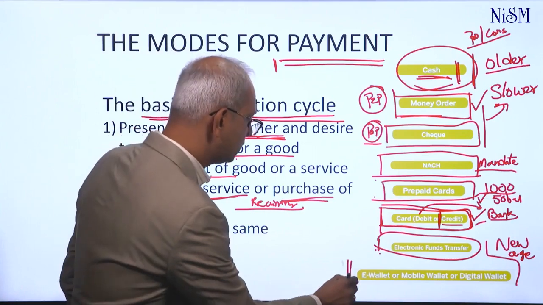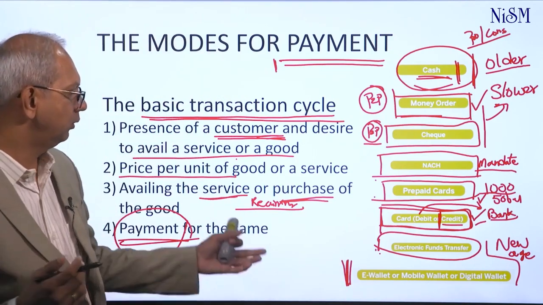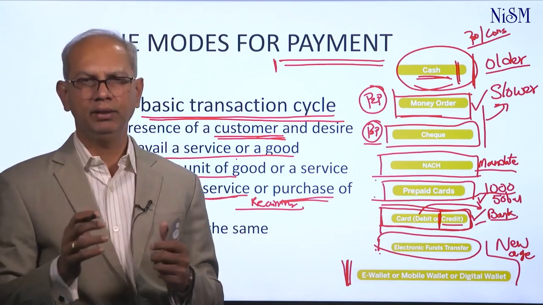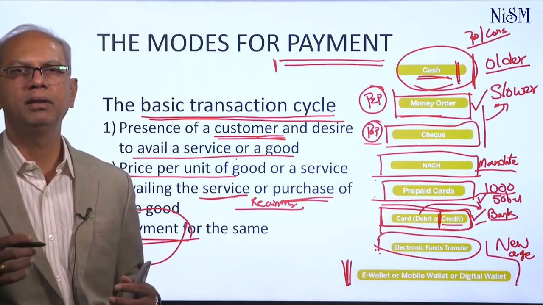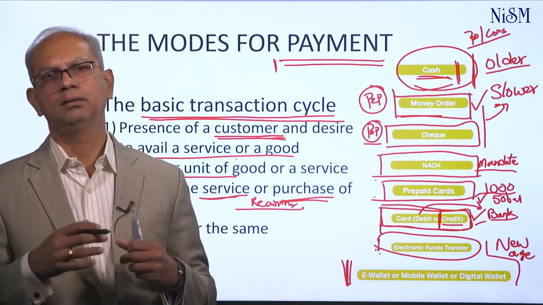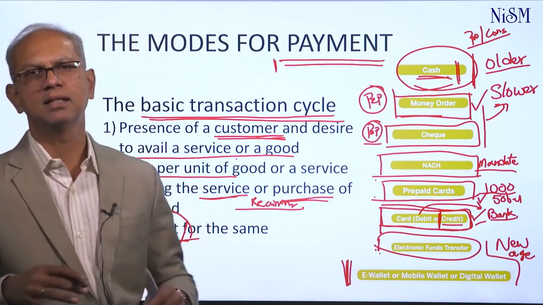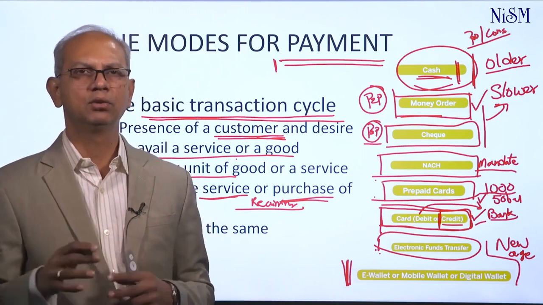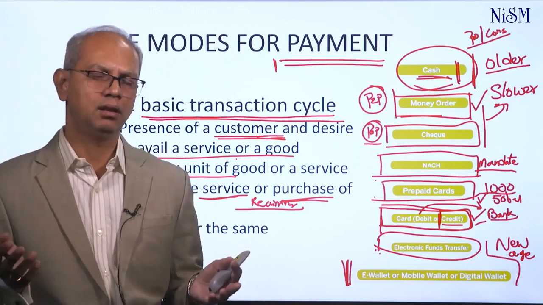Next is the new age mobile wallet, or digital wallet, or the e-wallet as we call it. People are now used to calling these wallets by the brand names they use on a daily basis, and I'm not going to mention those, whether it could be a Paytm or whichever wallets each one of us uses.